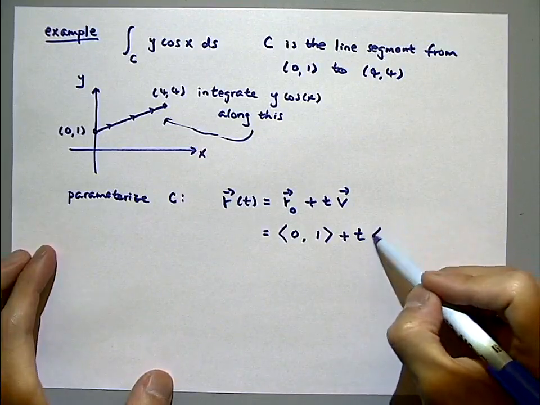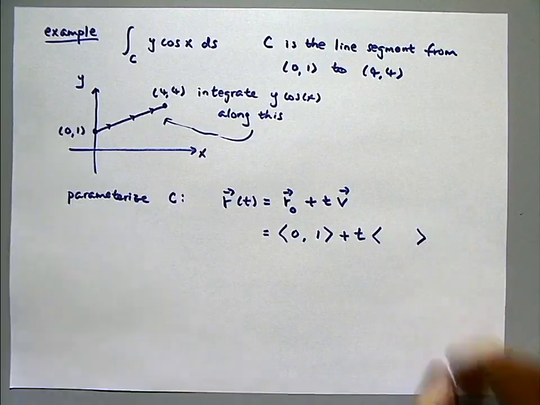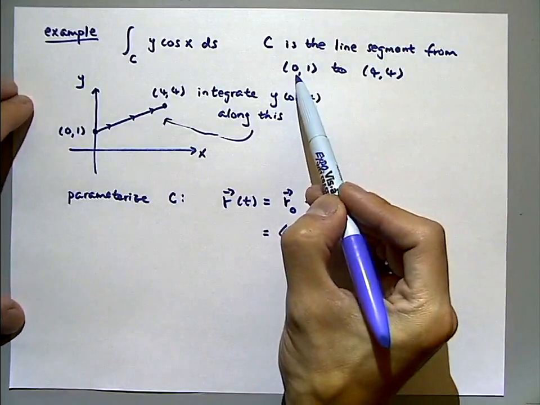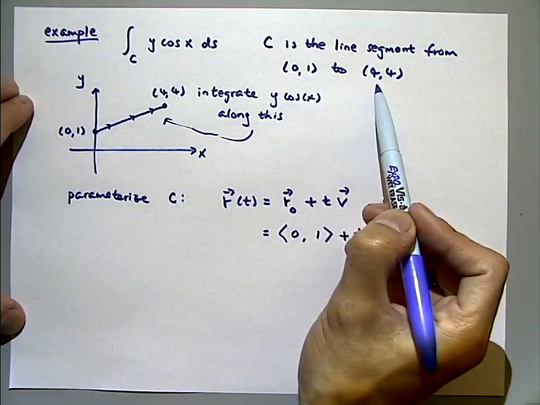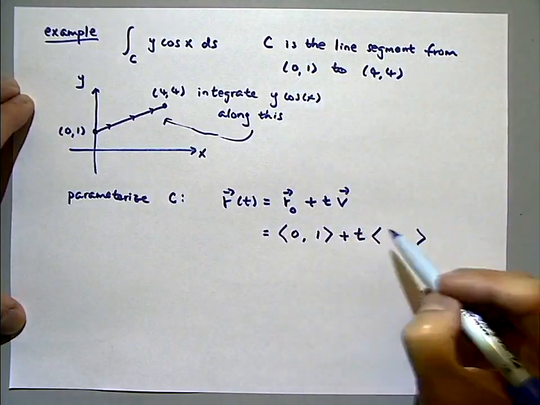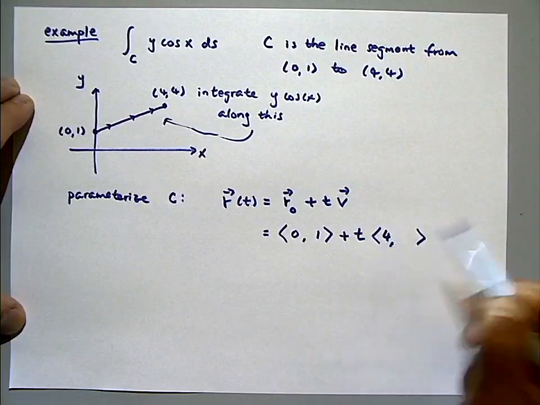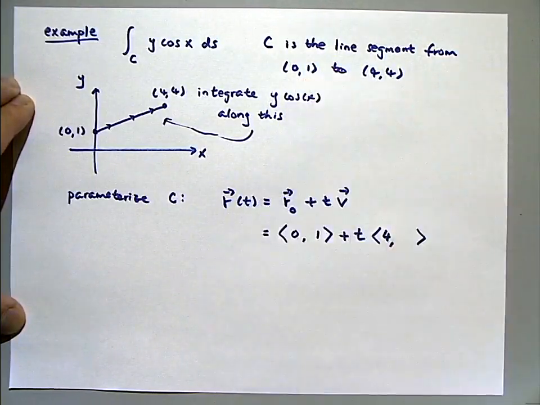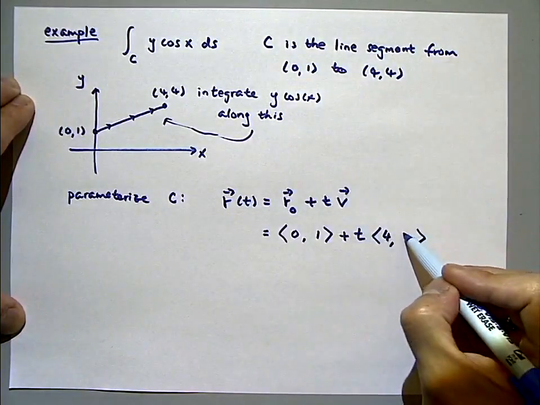What would it be for this case? Right, yeah. Think about how much x you need to make up to go from 0 to 4. You need to make up 4, right? So that's the direction you need to go. How much y do you need to make up to go from 1 to 4? You need 3 more to get to 4. So that would be the direction.